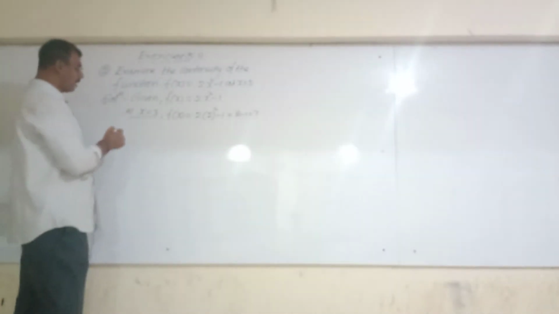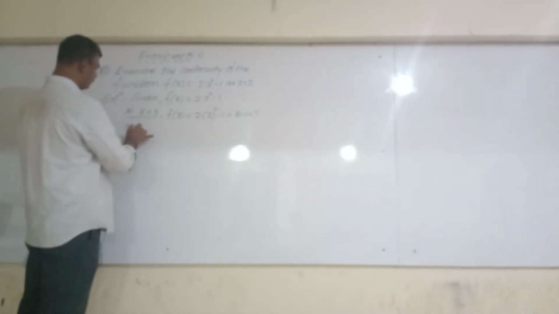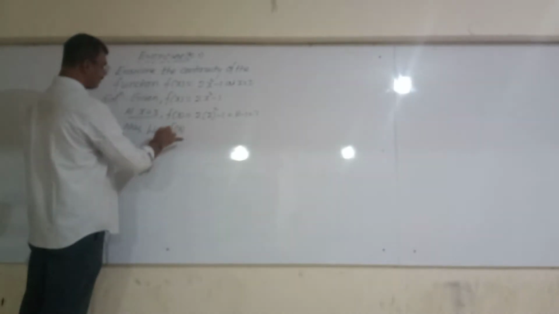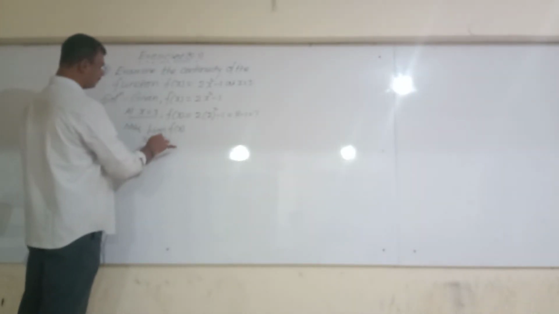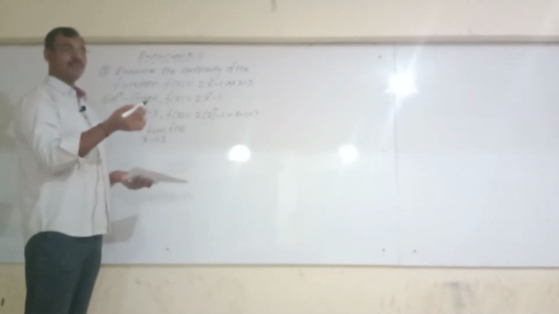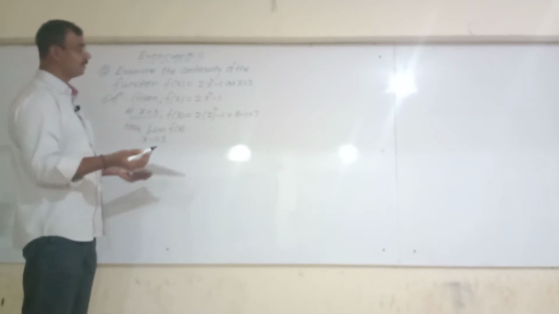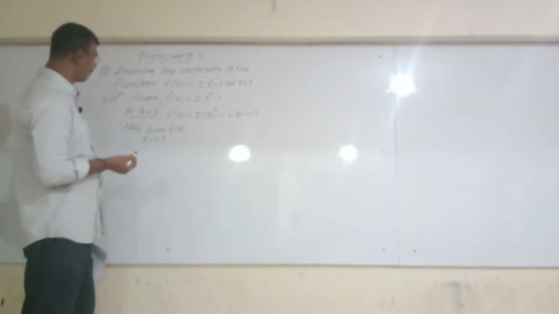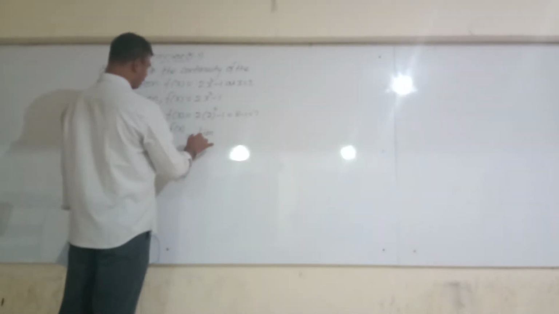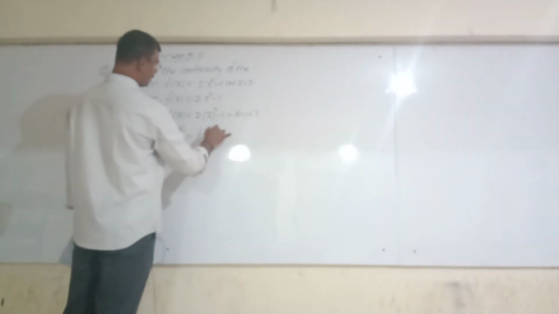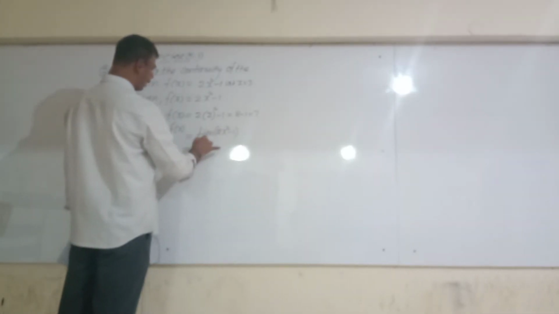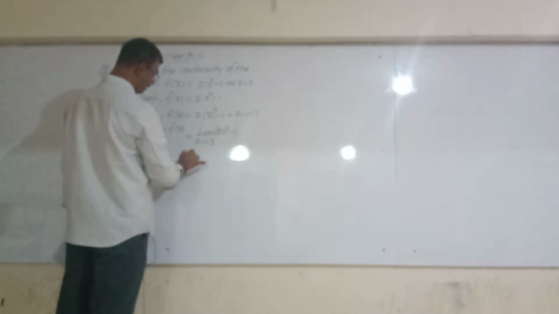Now we have to find the limit of f of x as x approaches 3. We don't have conditions here. If there are inequality conditions or a modulus, we should break into cases. This equals the limit of f of x, which is 2x square minus 1 as x approaches 3.